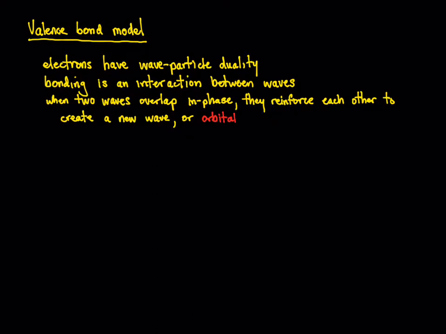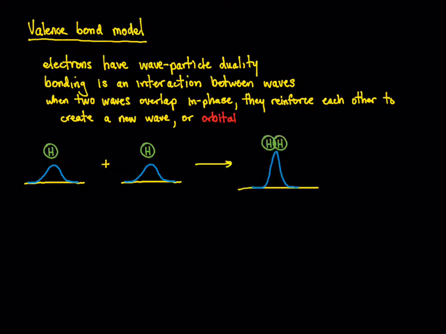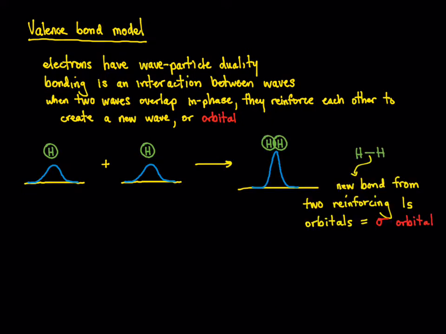The best example is molecular hydrogen. When the electrons in two 1s orbitals overlap, the waves reinforce and a new orbital is created. This new bond comes from reinforcing 1s orbitals and is known as a sigma orbital or sigma bond.